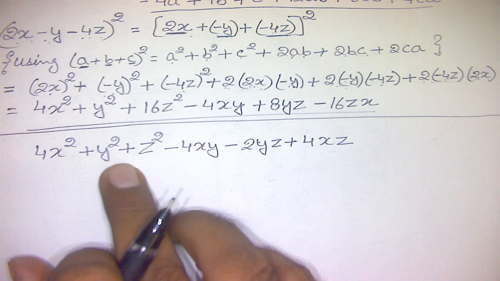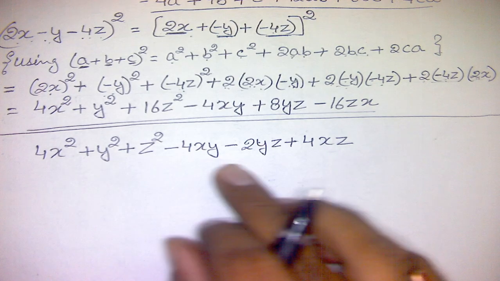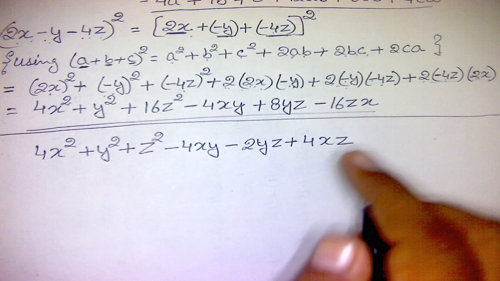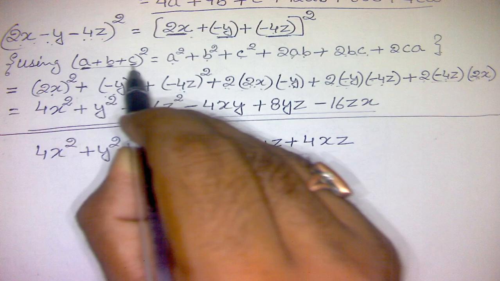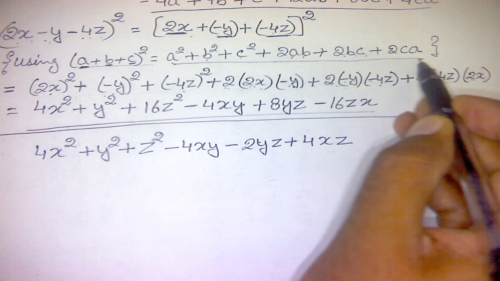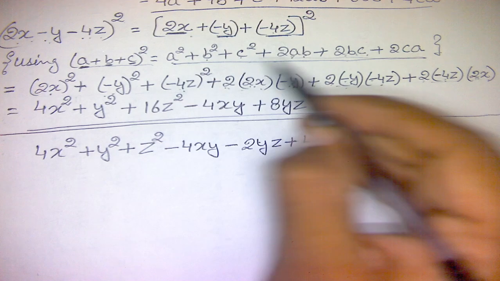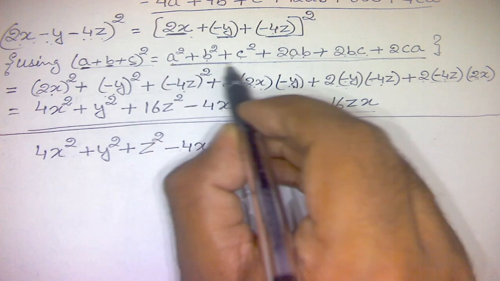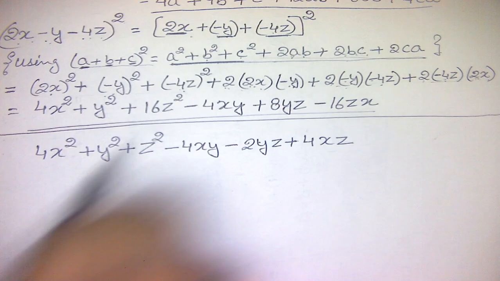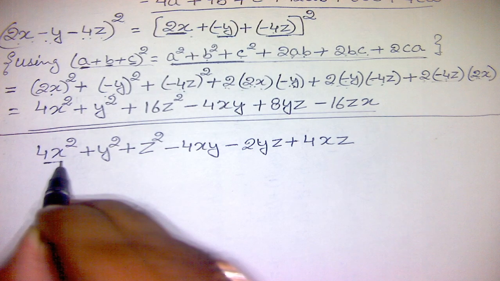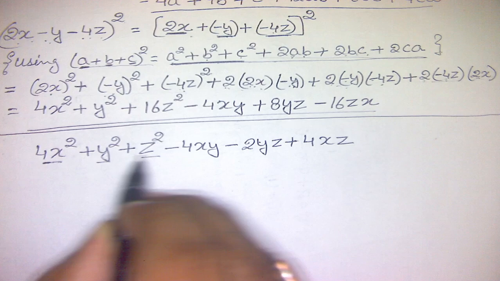Here if you see, first thing is there are total 6 terms, and our identity which we have done also has 6 terms on the right hand side. Out of those 6 terms, 3 terms are perfect squares.